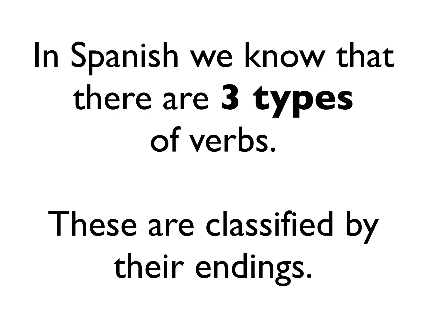In Spanish, as you know, there's three types of verbs. And these are classified by their endings, and there are three types of endings as you would expect. So what are these? We have IR verbs, we have ER verbs, and we have AR verbs. And every verb in Spanish will either end in IR, in ER, or in AR.